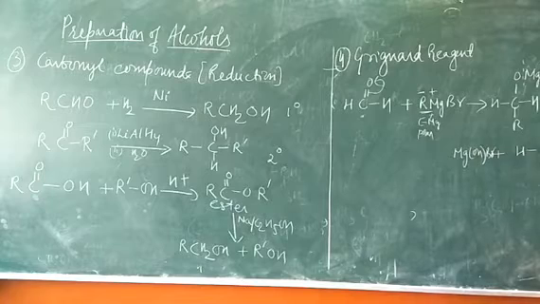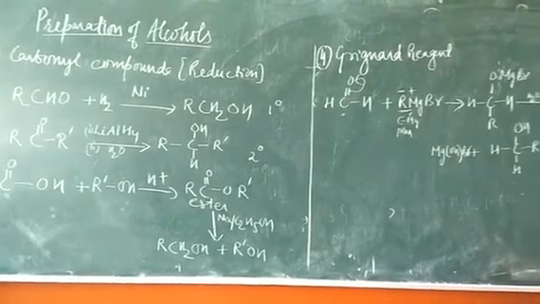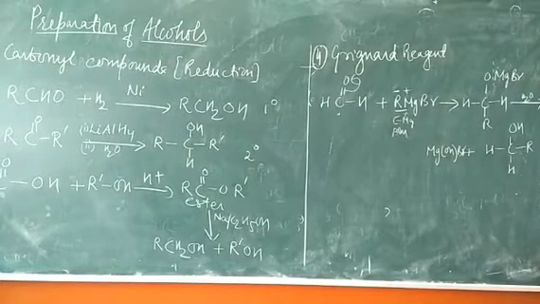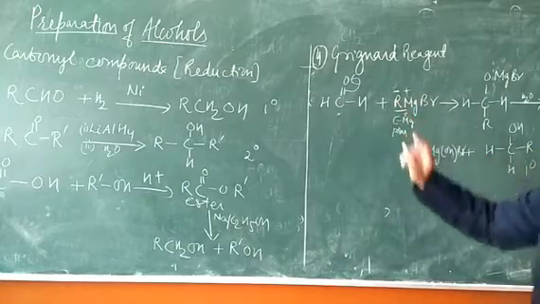Water, H2O, gives H plus and OH negative. H plus will go to the oxygen atom of OMgBr and it will get ionized, and the OH part will go to the magnesium, giving Mg(OH)Br. So this is the preparation of the primary alcohol RCH2OH when we use formaldehyde.